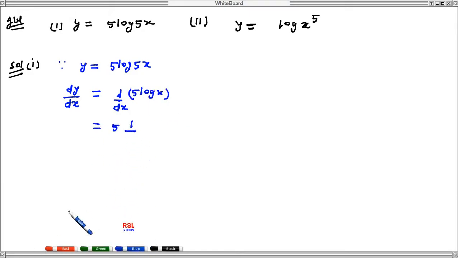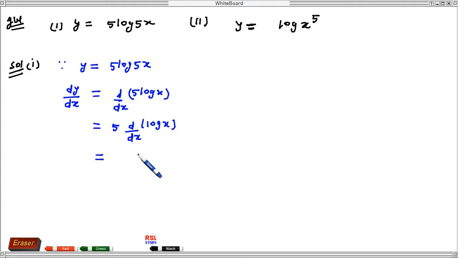Differentiating, we will take 5 out. Here should be 5x, the earlier one was wrong.